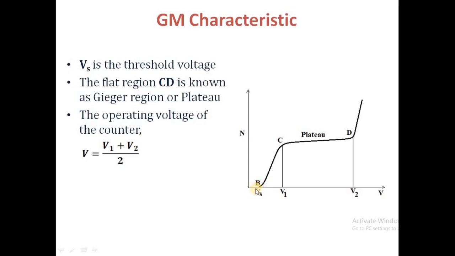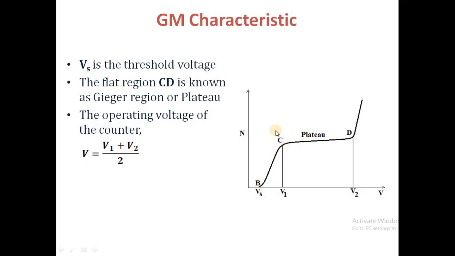As the voltage is increased over Vs, the counting rate increases gradually and the output pulse size increases gradually until the point C is reached. From this point onwards, the counting rate becomes constant.